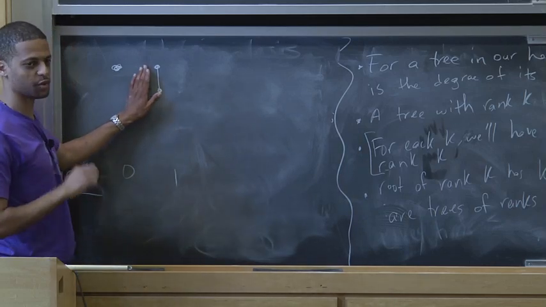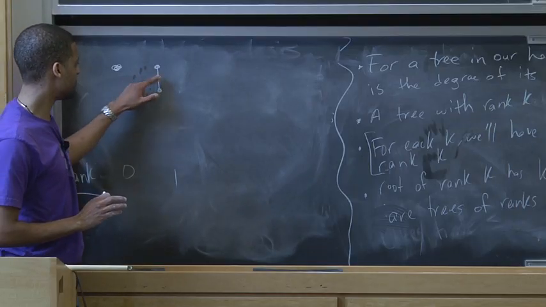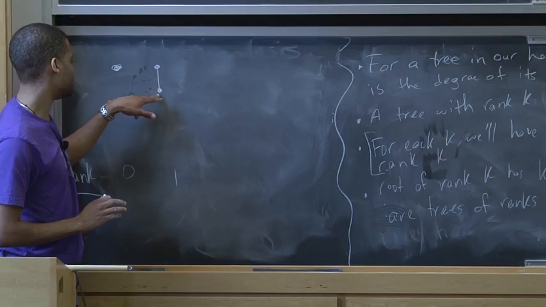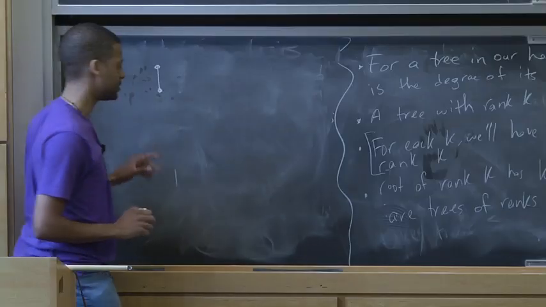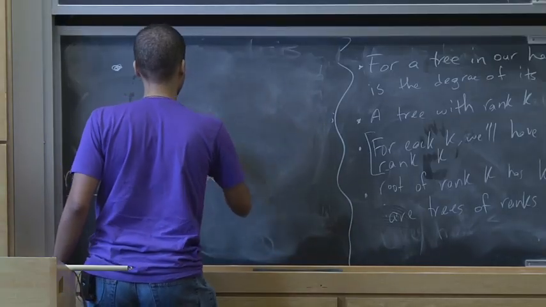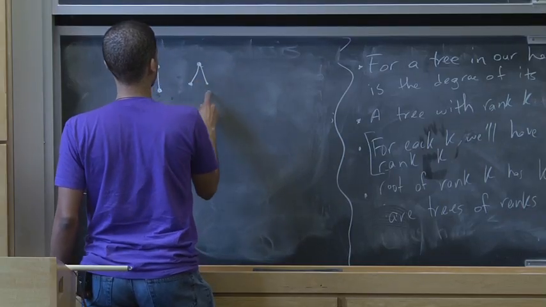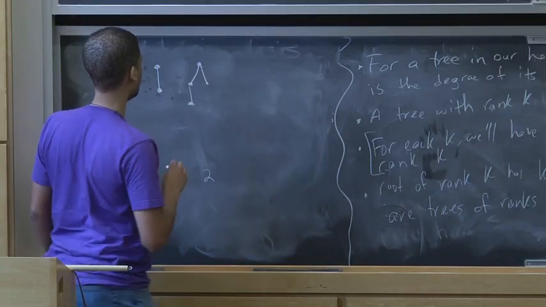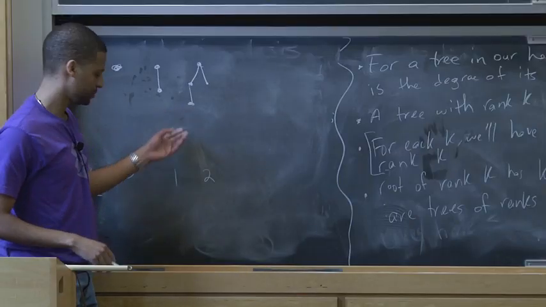This is what it would look like if it were a full rank 1 tree, like in a binomial heap. But then we can't cut out any children because it wouldn't be a rank 1 tree anymore. How about a rank 2 tree? Well, it has 2 children, and this one is a rank 1 tree. Now this is what it would look like if it were full.